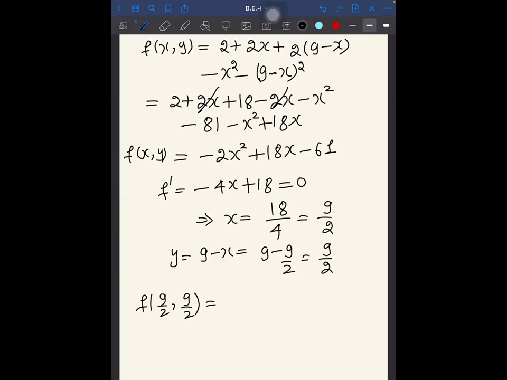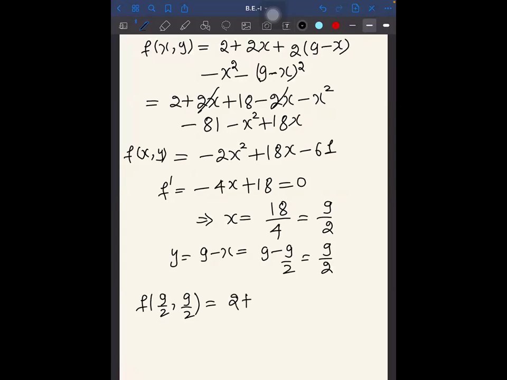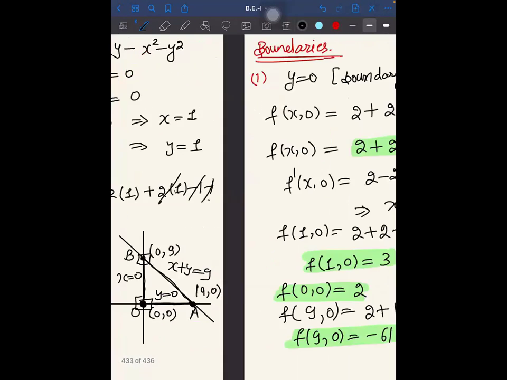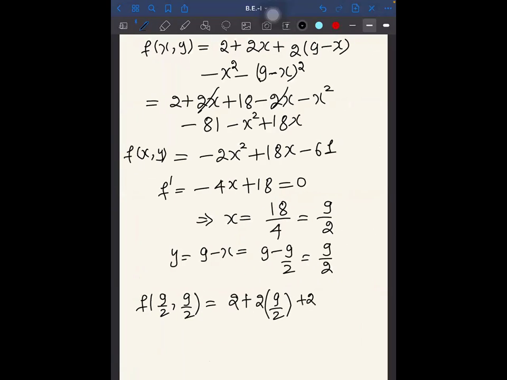So if you put x as 9 by 2 and y as 9 by 2, here we have 2 plus 2 times 9 by 2 plus 2 times 9 by 2, minus 9 by 2 square minus 9 by 2 square.